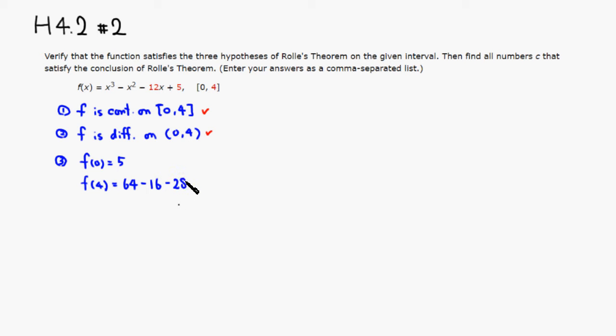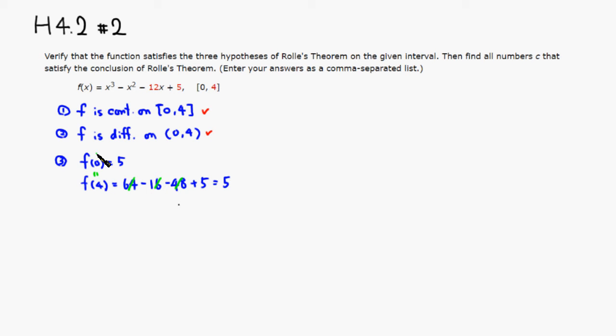Plus 5. The negative 16 and negative 48 give you negative 64, so they cancel out with the 64. So you just get 5 here. So we verified that f of 0 is equal to f of 4.